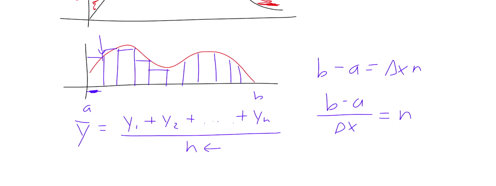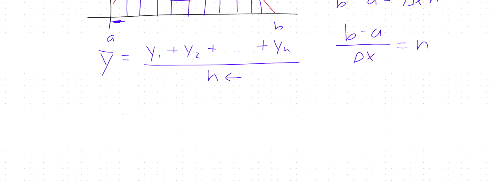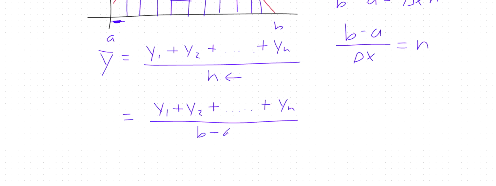Now we have another way to quantify this. If we do that substitution, we get y1 plus y2 plus, and we add these all up to our y sub n, divided by b minus a over delta x.